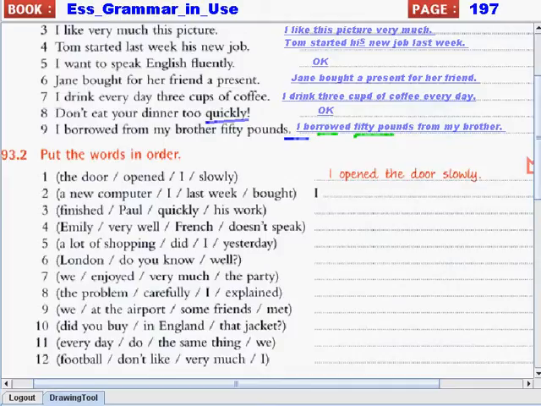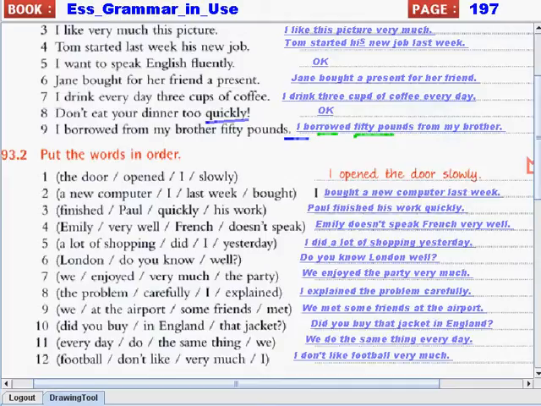Let's start. Alright, let's check your answers now. Number 2. It should be, I bought a new computer last week. Right. Number 3. Paul finished his work quickly.